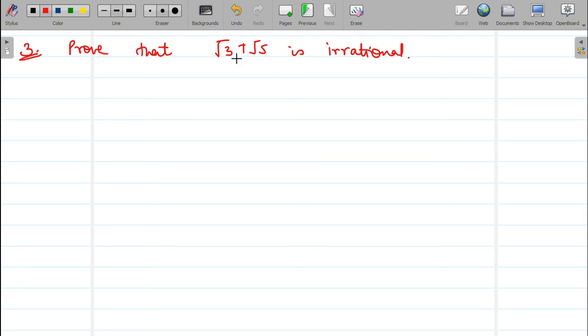Right now, we can see root 3 and root 5 are not cancelable, so this has to be an irrational number, but we have to prove it theoretically. So I start again by contradiction. Let root 3 plus root 5 be equal to some A, which is rational.